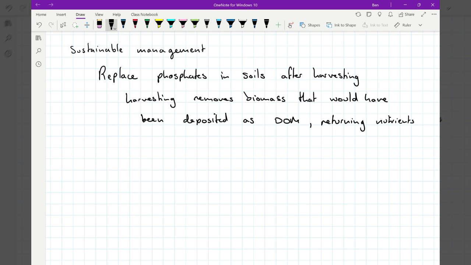Because we've harvested these crops, the nutrients that are in the crops are removed from the field and are not returned to the field. So we need to make up the deficit, and this is where fertilizers come along.